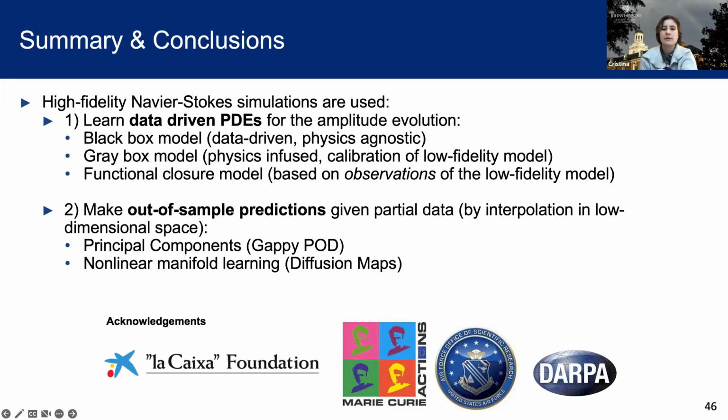And the second objective of the paper was that, okay, if we are able to learn the dynamics of the amplitude, but we want to determine the full velocity field, like you would get if you were able to solve the full Navier-Stokes, this is another interesting question. You can use Gappy diffusion maps or Gappy POD. Gappy POD is based on principal components, a linear method.